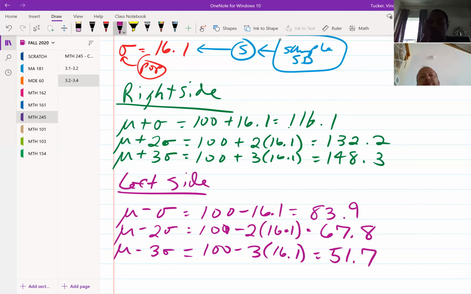So those are our three values on the left: 83.9, 67.8, 51.7. Then on the right, 116.1, 132.2, 148.3.